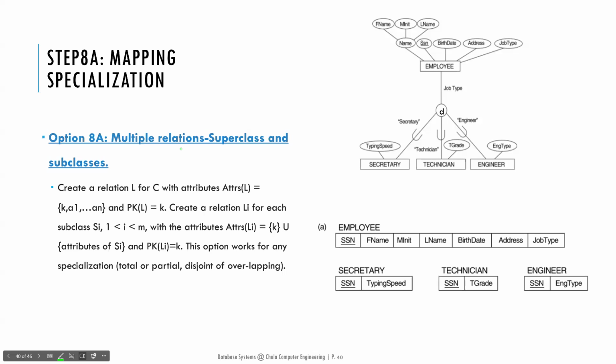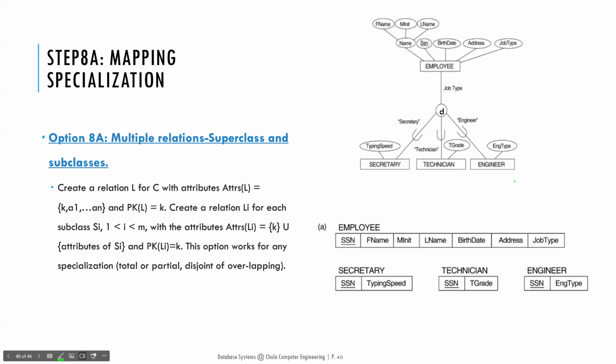So for this multiple relation superclass and subclass, what we do is that we create a relation, let's say employee, with attributes, and the attributes would be the attributes from that particular one.